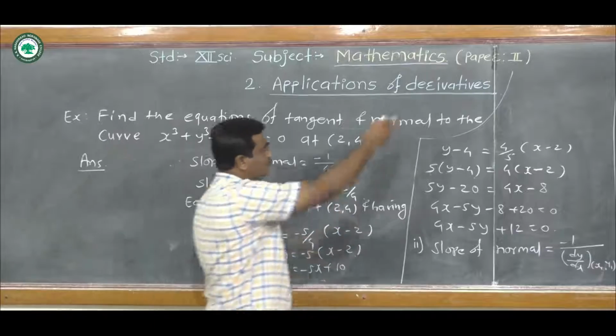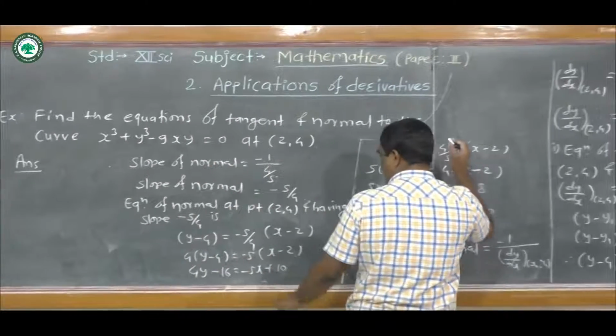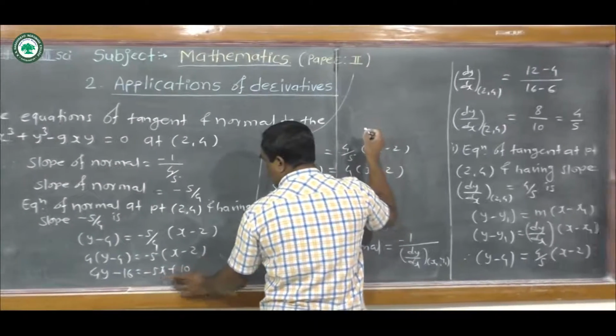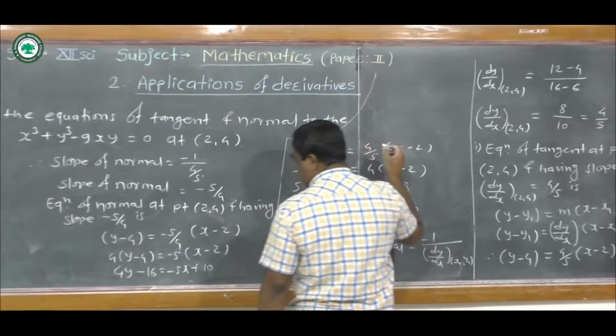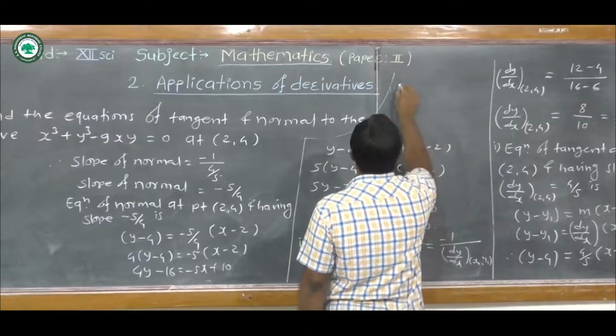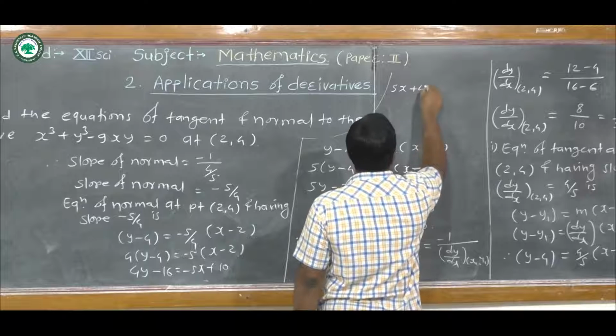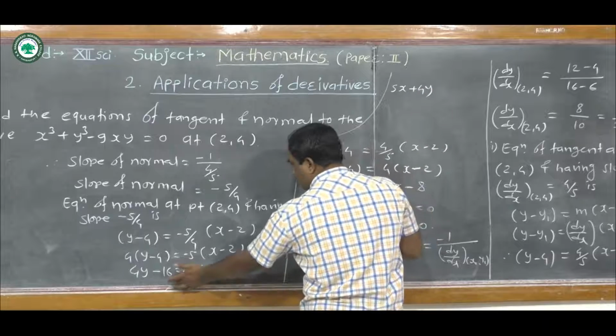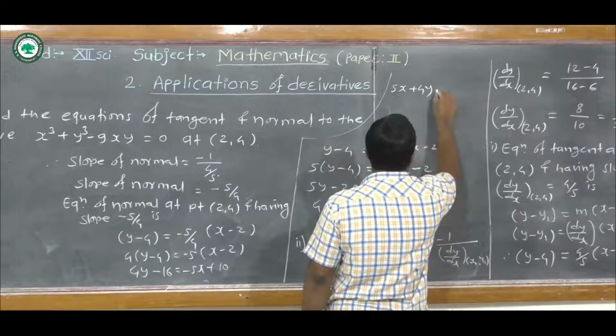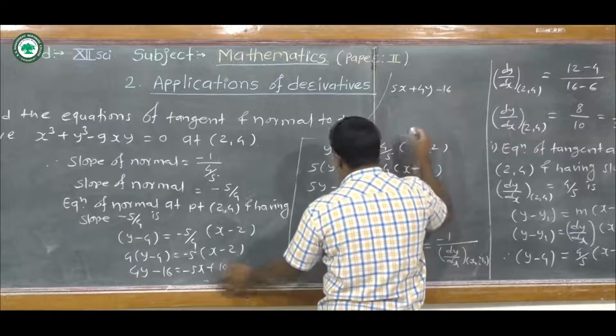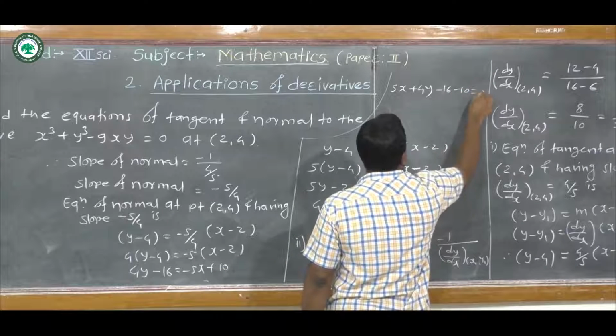We write here, taking these two terms to the LHS, 5x plus 4y minus 16 as it is, minus 10, equal to 0.